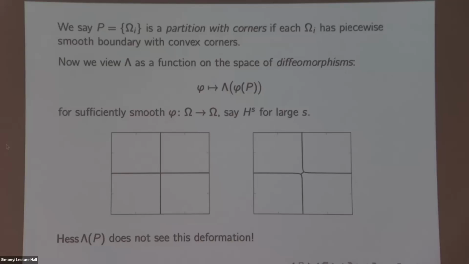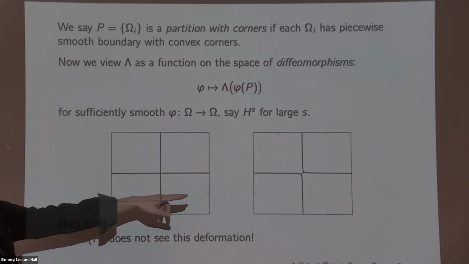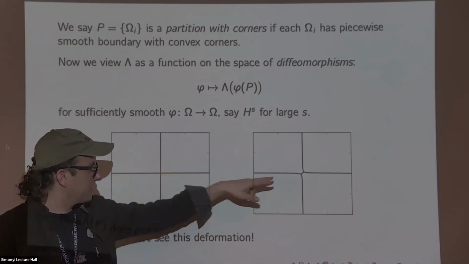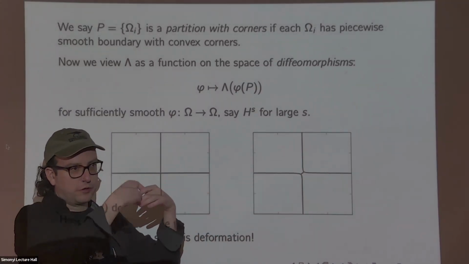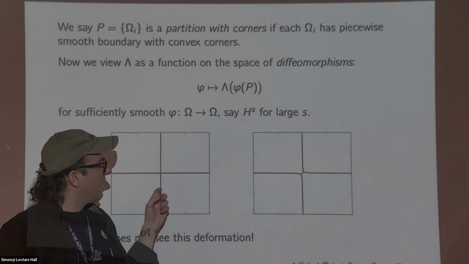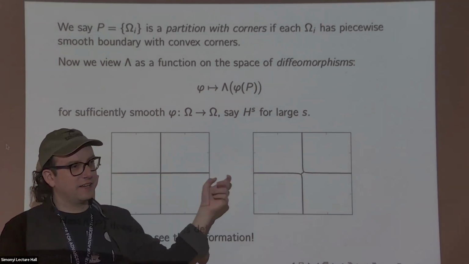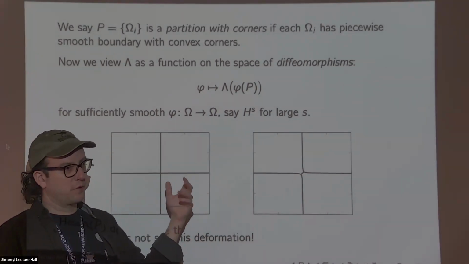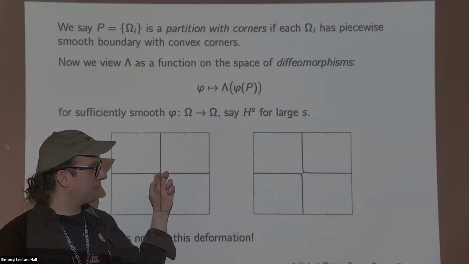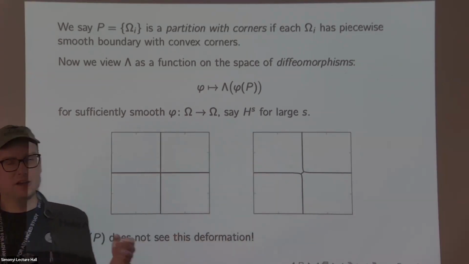But an interesting thing happens. So if I look at these 2 partitions I've drawn here, so one I'm just partitioning into 4 pieces with these 2 lines. On the other hand, this partition here, this intersection has split up into two triple intersections. And so these are not related in any nice way, right? There's no diffeomorphism on the square that maps this partition to this partition.